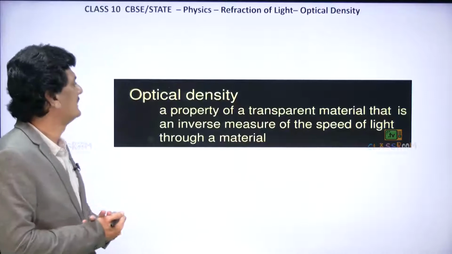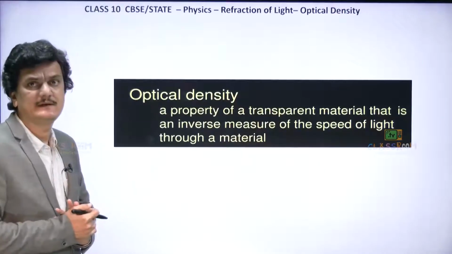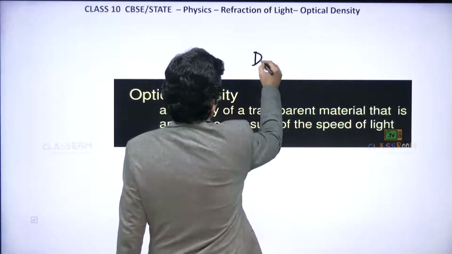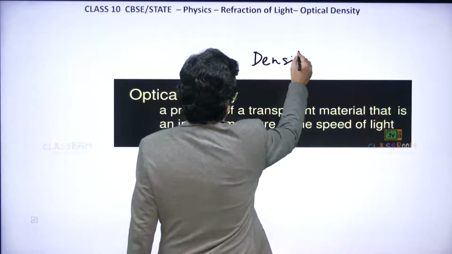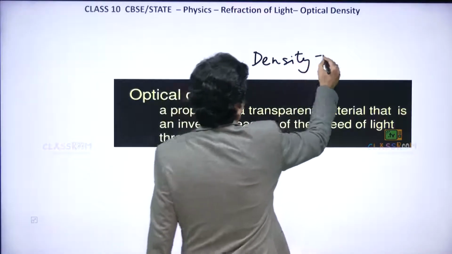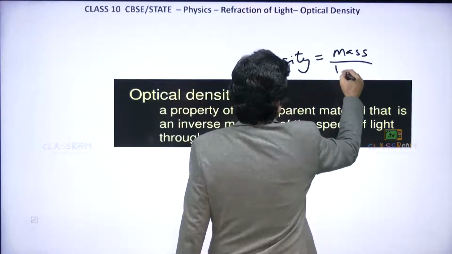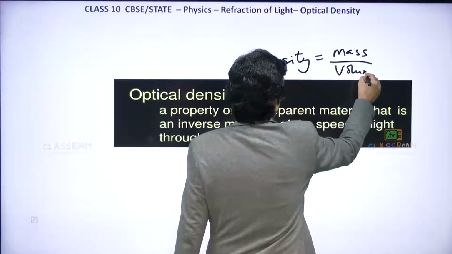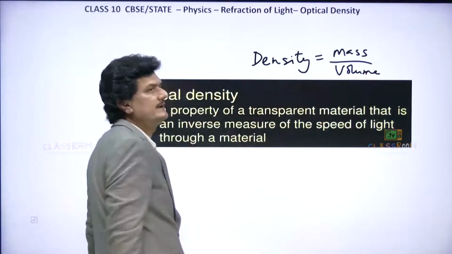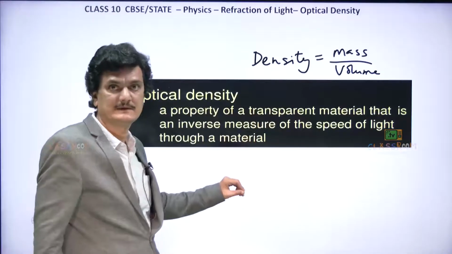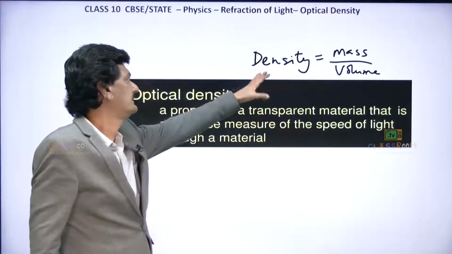Now, optical density is different from normal density. Normal density, which we talk about, is mass by volume, that is material density, that is mass density. This density is a different property. Now, we are talking about optical density. We are not referring to this density, mass by volume.